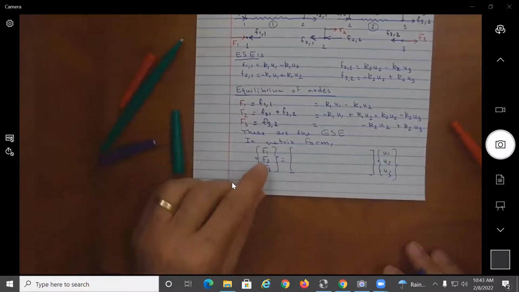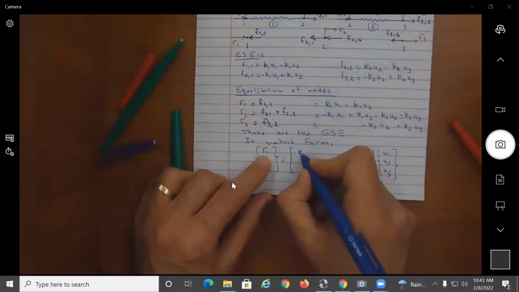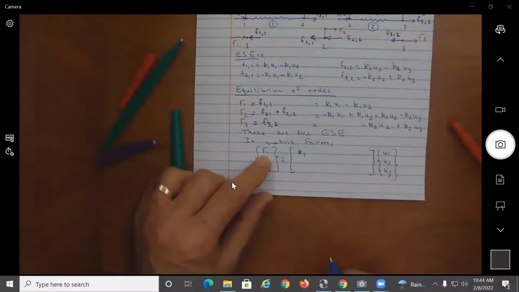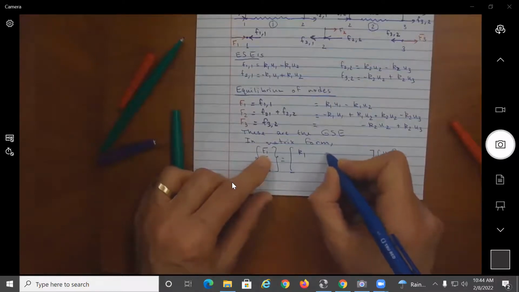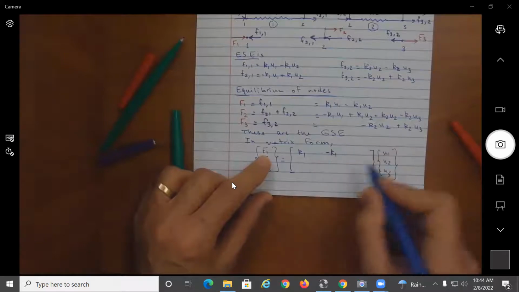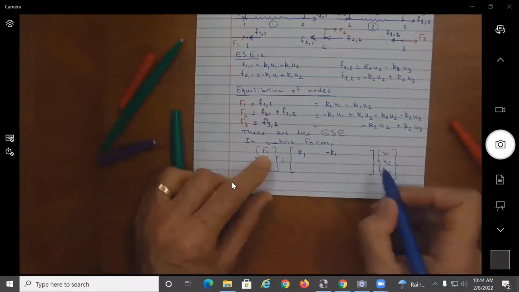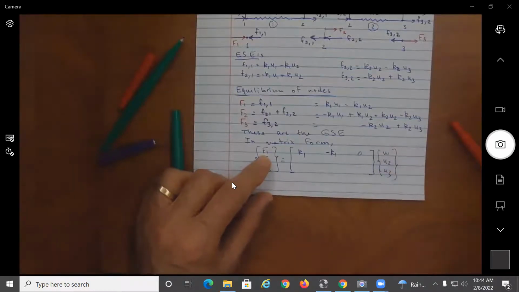And I'm going to fill in here. For line 1, F1 is K1 times U1 and a minus K1 times U2. I don't have anything multiplied by U3, so I'm going to put a 0.